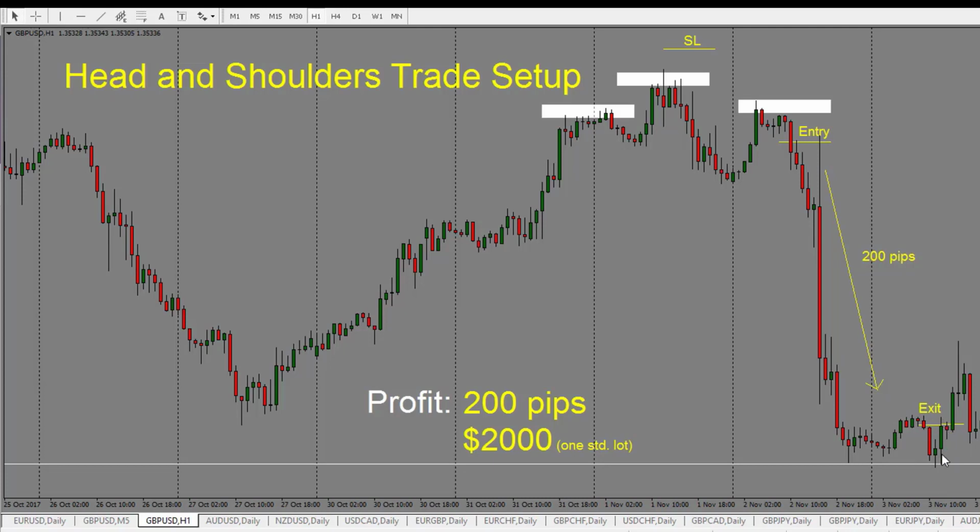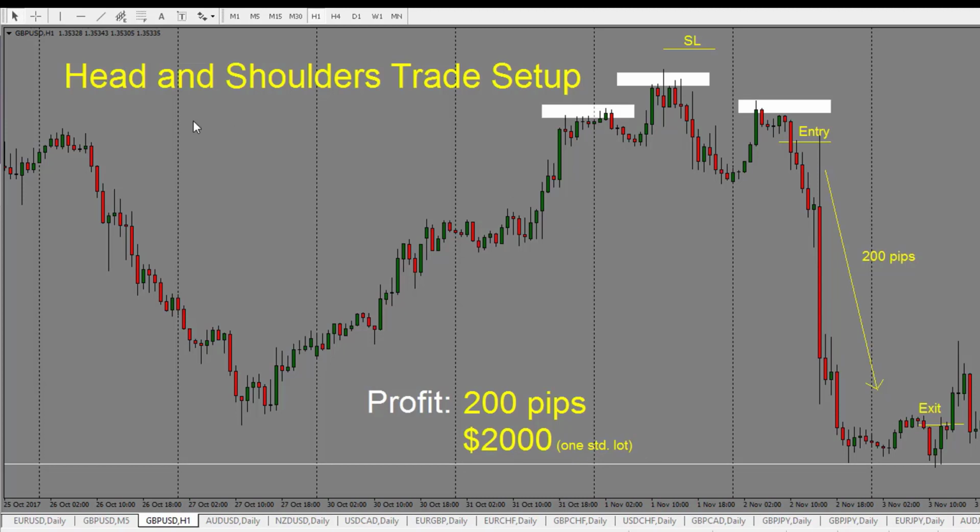Once we get this candle here, a bullish engulfing candle, this is our Morning Star trade setup, which is a bullish reversal pattern, so we could expect the price to go higher. Once we get this type of trade setup, we can exit the trade. From entry to exit here, we have 200 pips in the trade. So our profit is 200 pips or $2,000 if trading one standard lot.